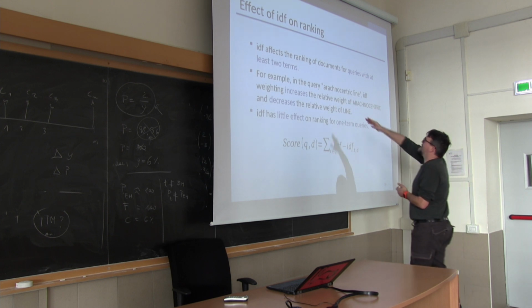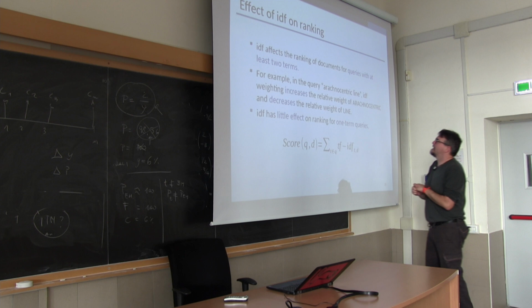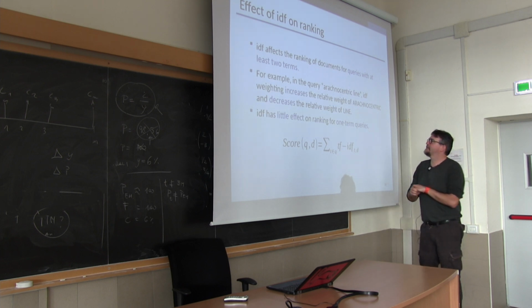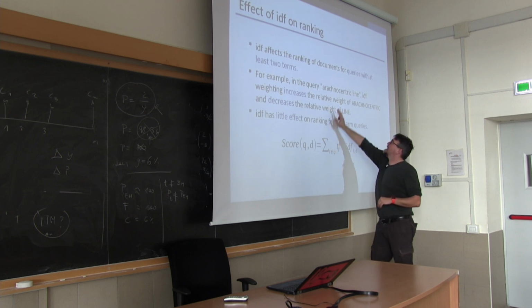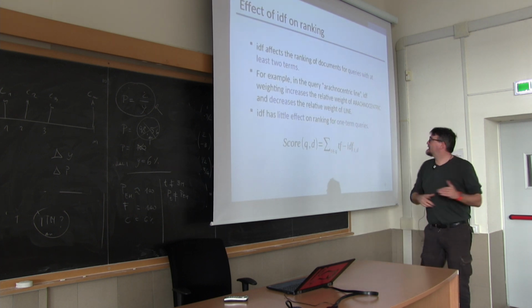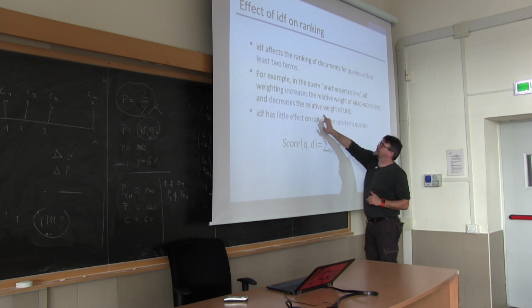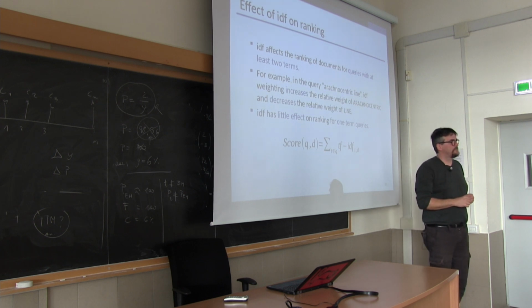So if you have, again, arachnocentric line, what does the IDF weighting do? It increases the relative weight of arachnocentric, which is pretty rare, with respect to the relative weight of line, which is more common.